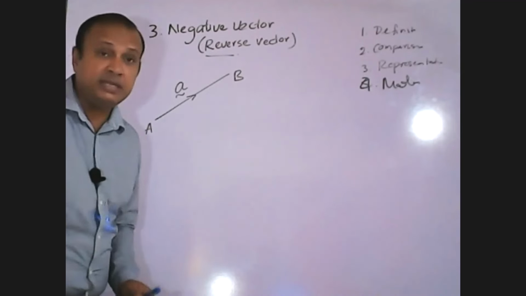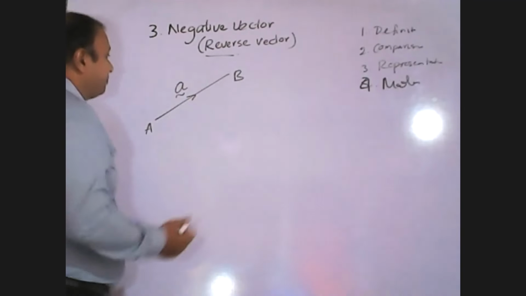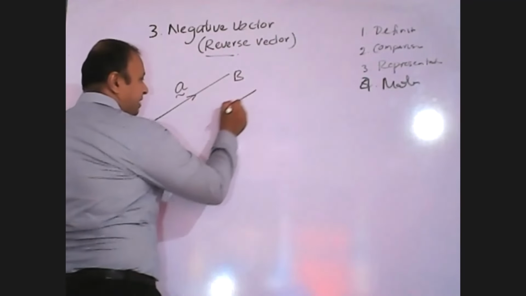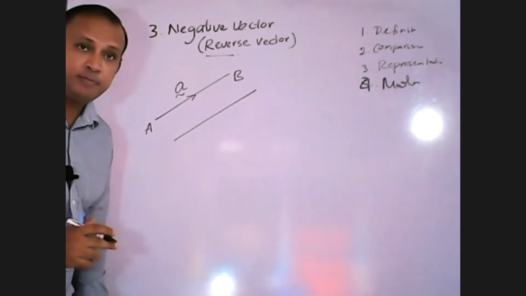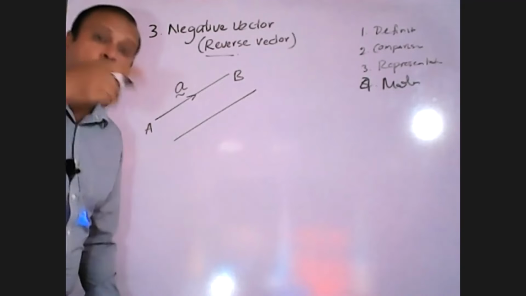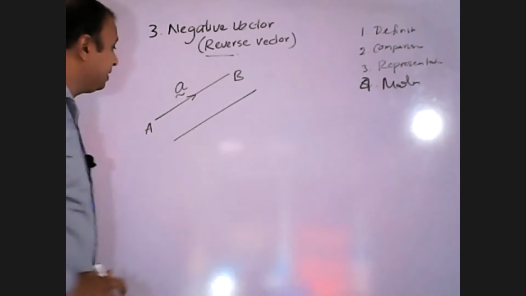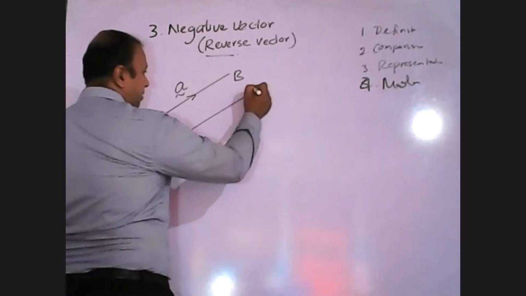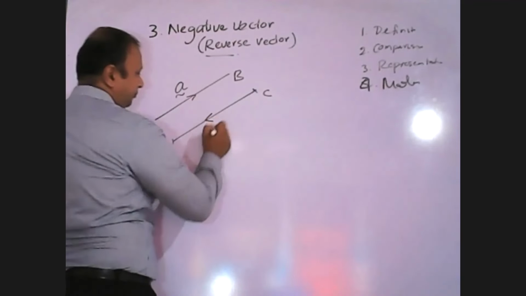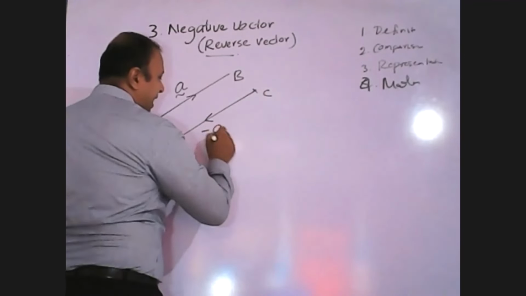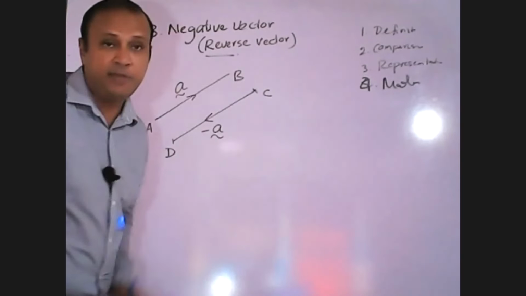How to do that? What is the definition of the reverse vector? The reverse vector is the vector which has the same magnitude as AB, but the direction is opposite to AB. Suppose it is CD. This is called the reverse or negative vector of vector AB.